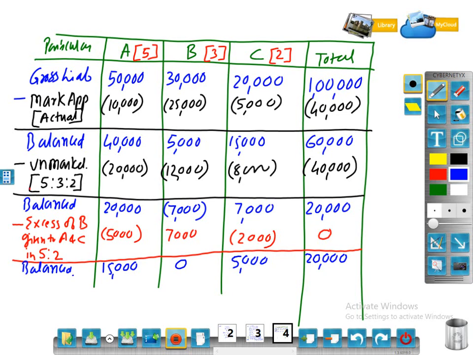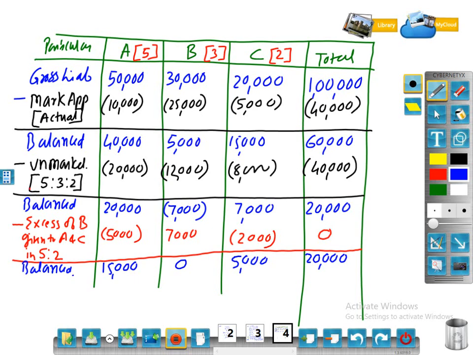Gross liability ratio. Okay. Now, the balance 20,000 has to be divided: Mr. A will take the liability of 15,000 shares and Mr. C will take the liability of 5,000 shares and Mr. B will not take any liability. Why? Because of the benefit of the unmarked as well as marked shares.